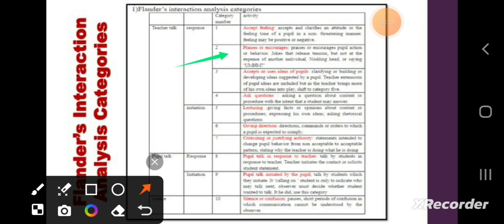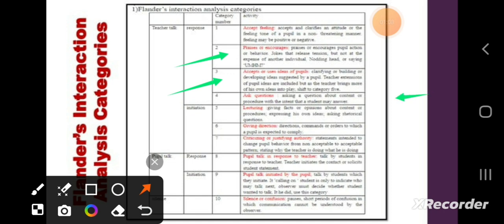Activity. The teacher provides positive reinforcement or encouragement, which helps to motivate students and affirm their actions or responses. Number 3, accepts or uses ideas of pupils. The teacher acknowledges and incorporates students' ideas into the lesson, integrating them with their own ideas and extending the discussion.